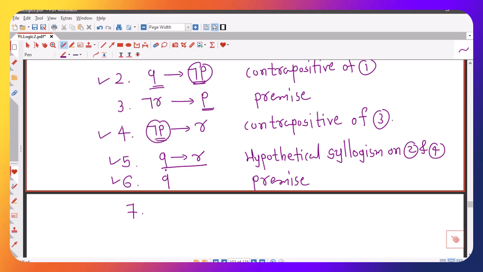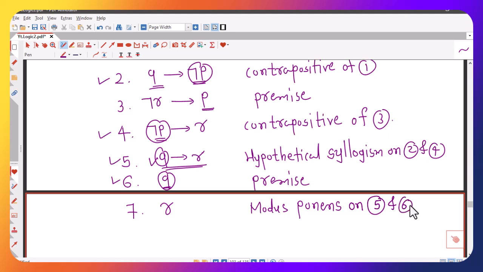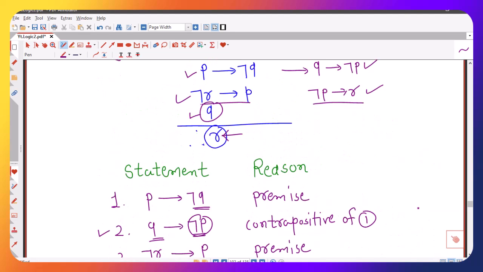Here I have a conditional statement, and here I have the hypothesis of this conditional statement. So using modus ponens, what will we obtain here? R. So here we have to write that we applied modus ponens on statements number 5 and 6, and we arrived at the conclusion R.